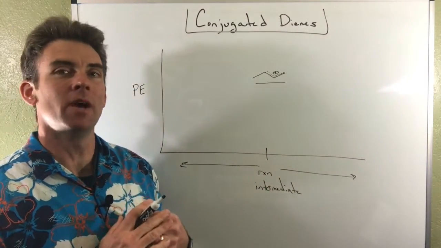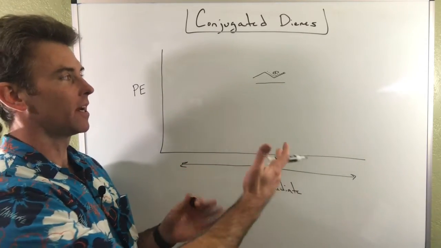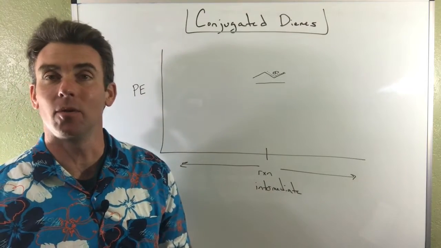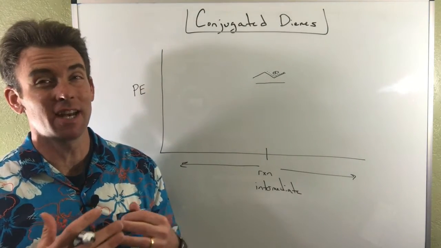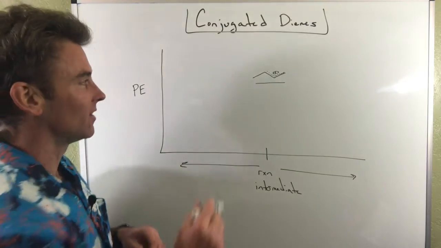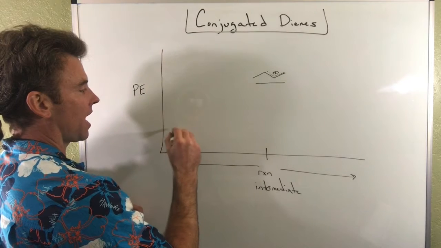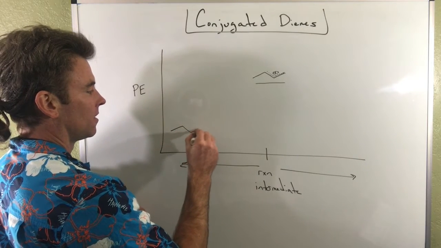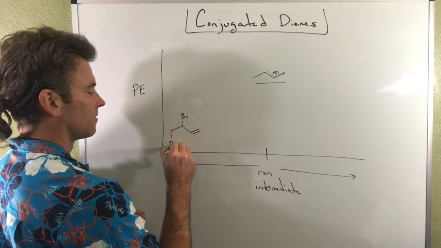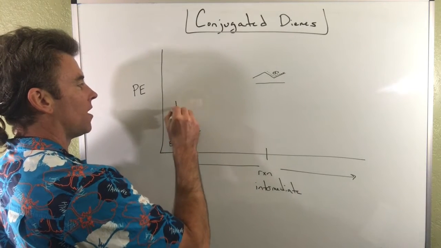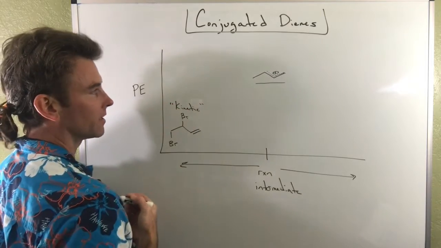And what I'm going to do is, on the right side here, I'm going to go towards the 1,4 product, and on the left side I'll go through the 1,2 product. And I'll really exaggerate it. It's usually not this exaggerated, but I'll show it this way. So going this way, we're going to end at that 1,2 product, which you remember looks like this. And remember, we called that a kinetic product.